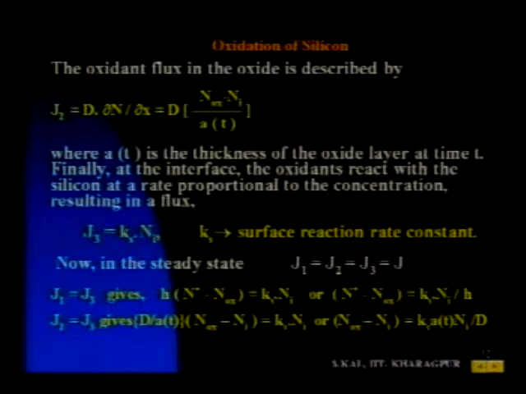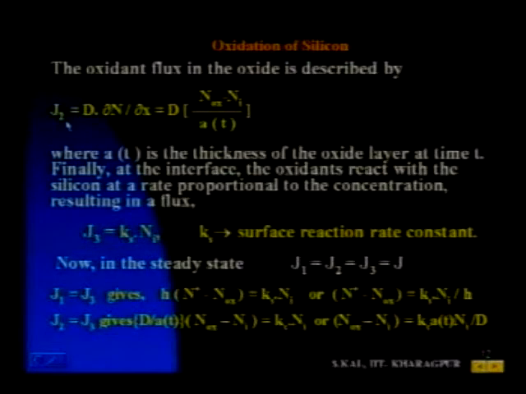Now the oxidant flux in the oxide is described by J2, and this J2 is proportional to the concentration gradient, that is del N del X. In the diffusion process, the particles will always diffuse from the higher concentration region to the lower concentration region.